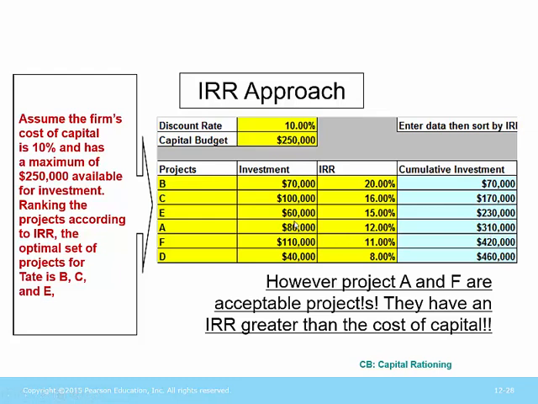Unless we can segment A and only do $20,000 of A, we won't be able to do project A. So under the internal rate of return approach, we would only do projects B, C, and E. So we have eliminated these two projects that, again, we know since their return is greater than the cost of financing, they would increase the stock price, but we're not going to be able to do them because we don't have the money.